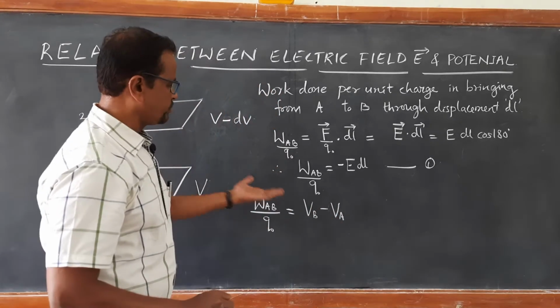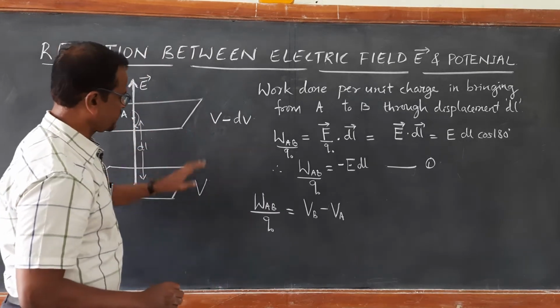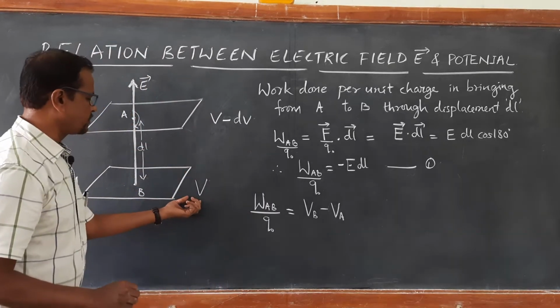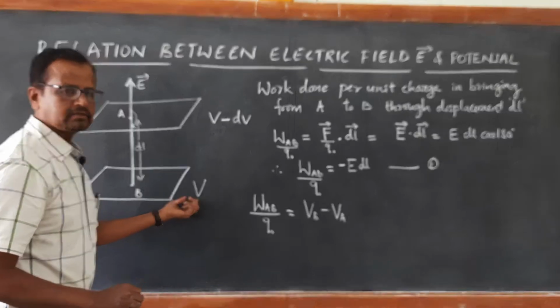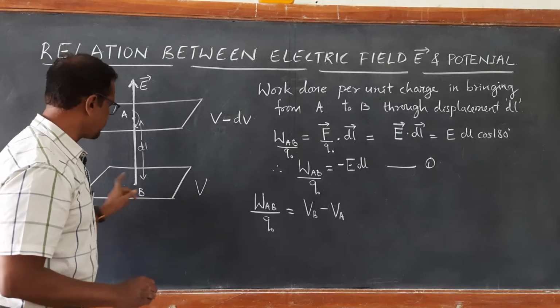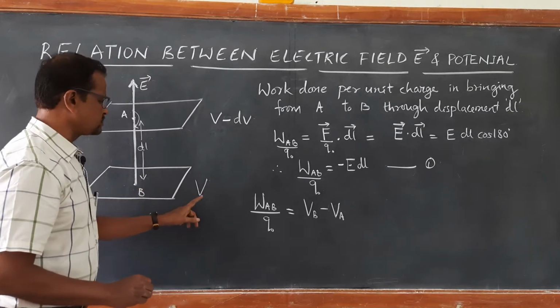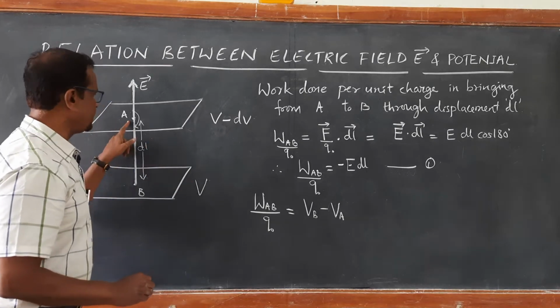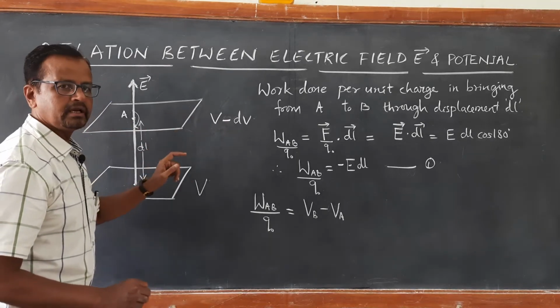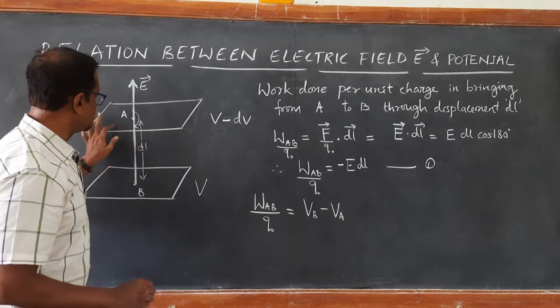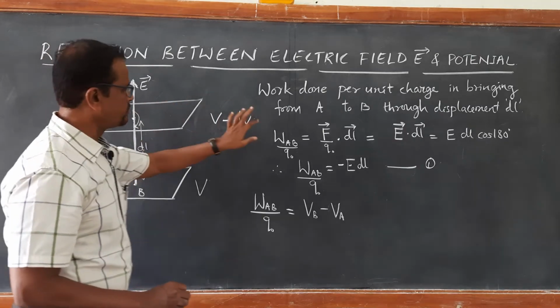I have assumed the potential of this surface to be V at all the points. So, B is at potential V and A is at potential V minus dV. At all the points the potential on this surface is V minus dV.